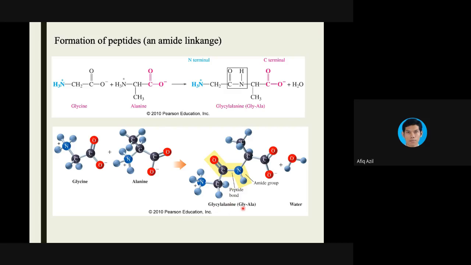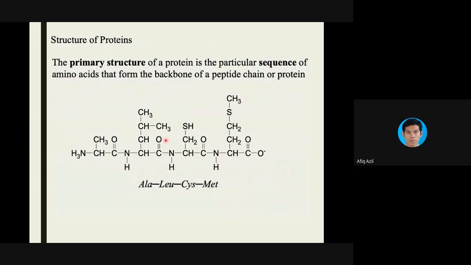It may contain more than hundreds of amino acids bonding together through amide linkage, and then a few of these polypeptide chains will form a bond to form a protein. This is four amino acids bonding together to form a peptide. This one contains alanine, leucine, cysteine, and methionine.